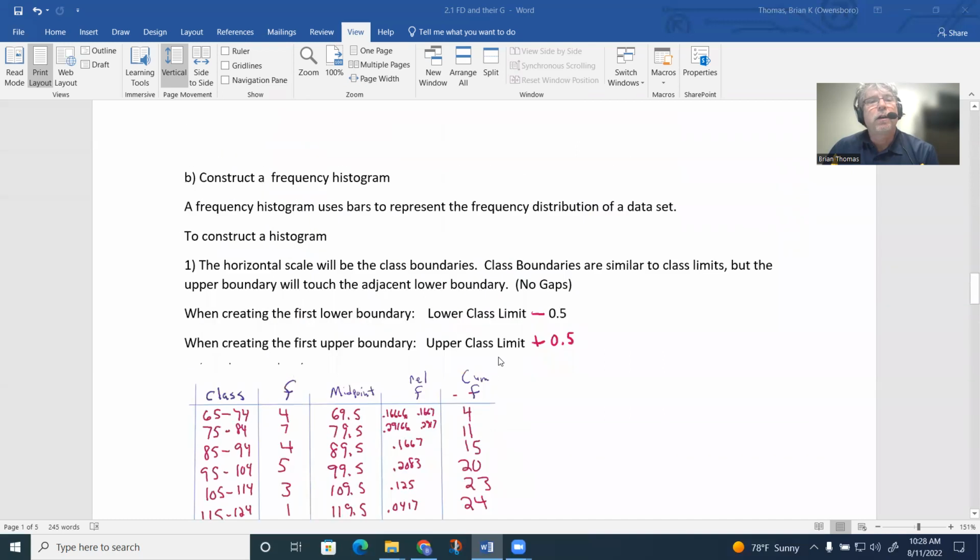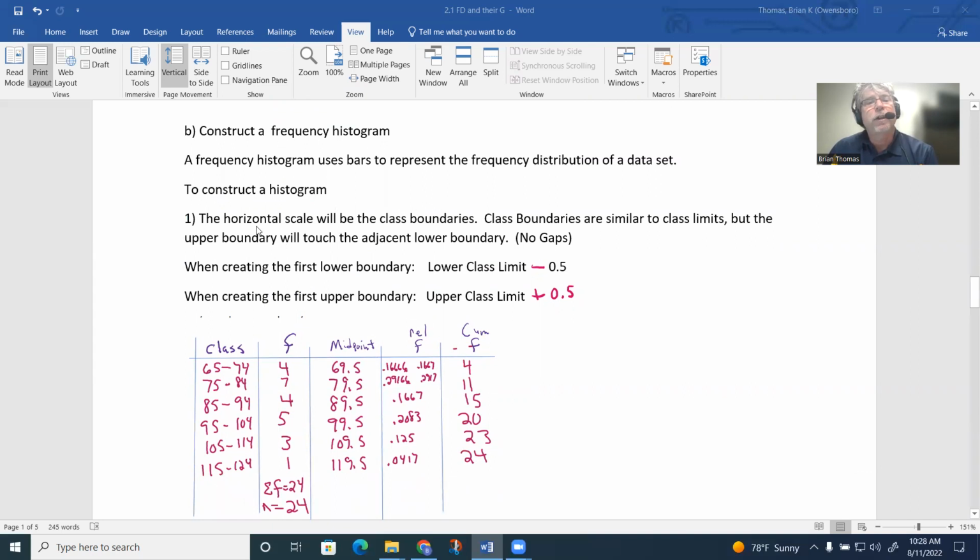So what we want to do now is construct a frequency histogram. A frequency histogram uses bars to represent the frequency distribution of the data set. To construct the histogram, the first thing is we have to create the horizontal scale, which is going to be class boundaries. Class boundaries are a little bit different than class limits.